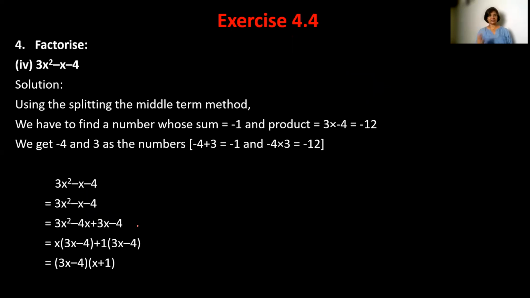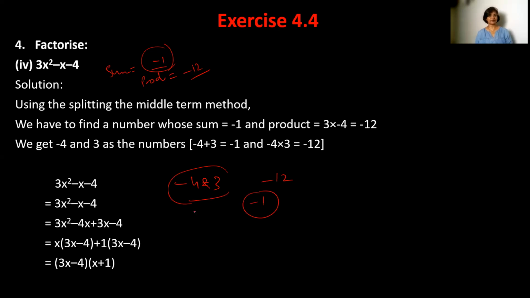Fourth part is 3x square minus x minus 4. So here the sum should be minus 1 and the product should be minus 4 into 3, minus 12, right? So if we are splitting it, minus 4 and 3 will give minus 12 as a product and minus 1 as a sum.